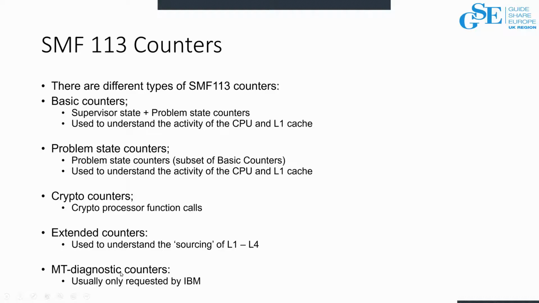And you have the MT diagnostic counters that are used by IBM when they need to see what's going on in the machine. Basically, what we use are the basic counters, problem state counters, and extended counters. And if you want to see the crypto information, you use the crypto counters.